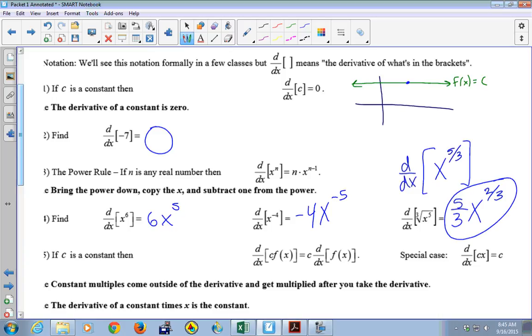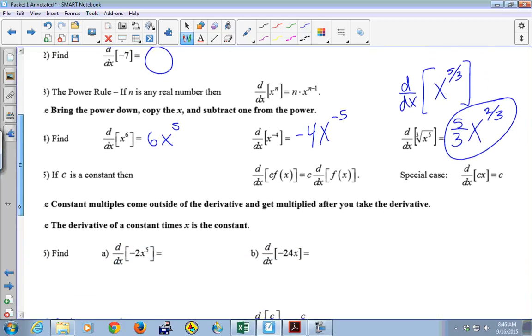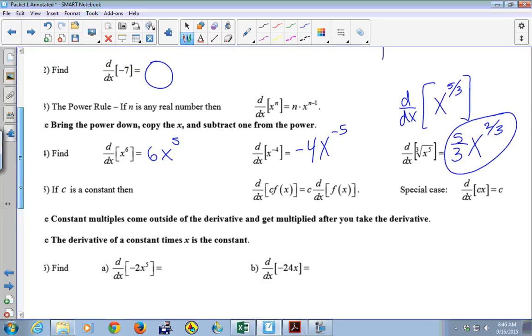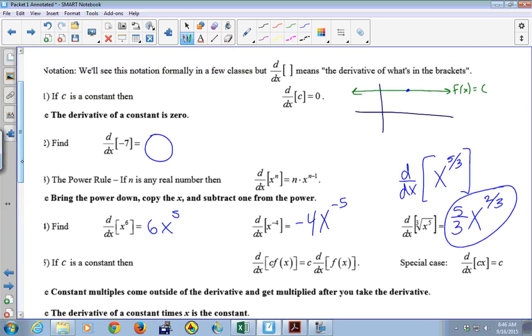So that is your power rule. If I go back for a second and look at the constant rule again, the derivative of a constant is 0. That's actually a special case of the power rule. Because let's say I wanted to take d dx of -7 like I did before. If I think of it graphically, it's 0 because the slope of a horizontal line is always 0.